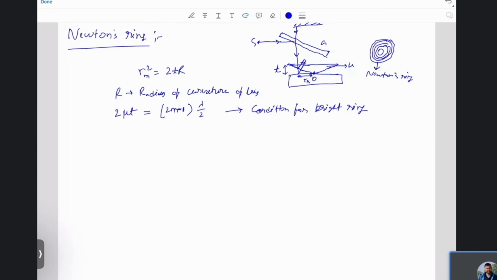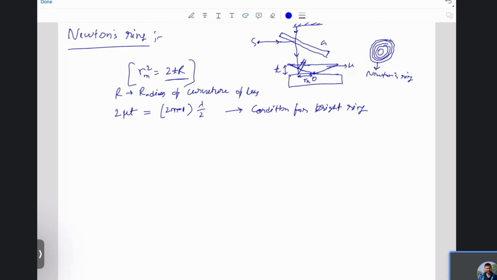Fine, and the radius of these circles is given by, so the mth circle radius squared is given by 2tR, where t is the thickness of the gap between the plate and the lens.